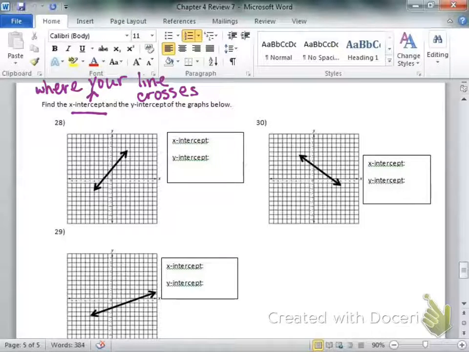Where your line crosses the x-axis. What is the y-intercept? Yeah, where it crosses the y-axis. Now, most students are a lot better with y-intercept because y-intercept is the same thing as b, so we've been doing it for months, all right? X-intercept's new, but just as easy. So this is where your line crosses the y-axis.